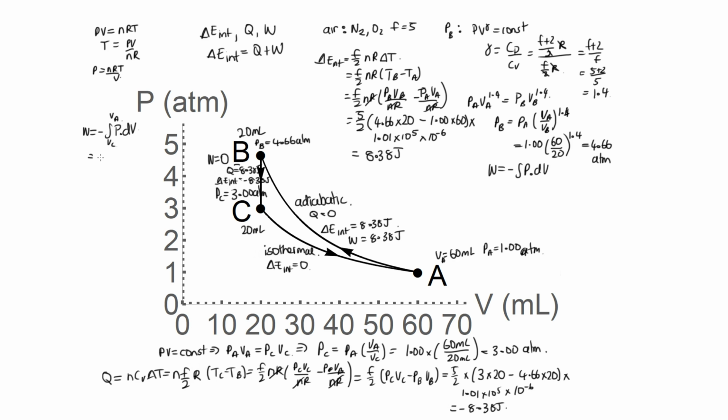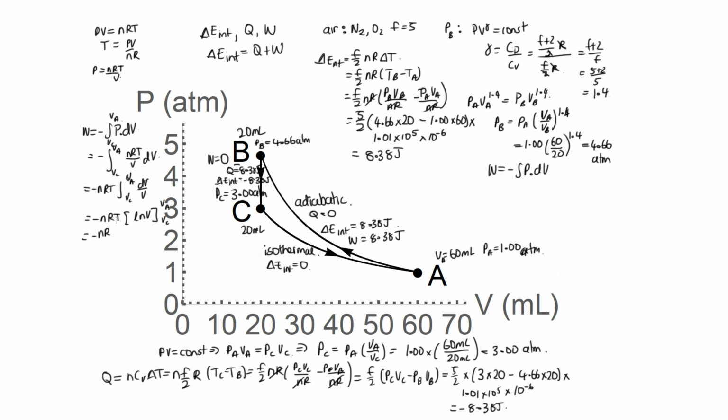So substituting that in, we've got our work is equal to the integral from V_C to V_A of nRT on V dV. So we've got minus nRT, and then we're doing the integral of 1 on V. When we integrate 1 on V, we end up with the natural log. So this is equal to minus nRT times the natural log of V, from V_C to V_A.